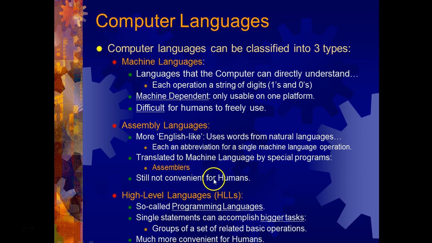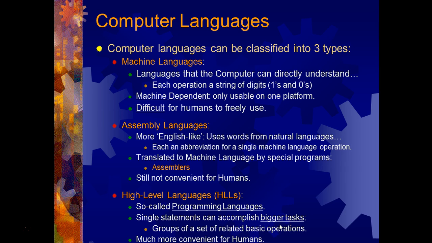Still, it's not convenient for humans, because it uses some words from natural language, but basically it's again very difficult to read. And then we have high-level languages. That's what we're going to learn. Visual Basic.net, or Java would be another example, or Python would be another example. So-called programming languages, single statements that can accomplish bigger tasks.